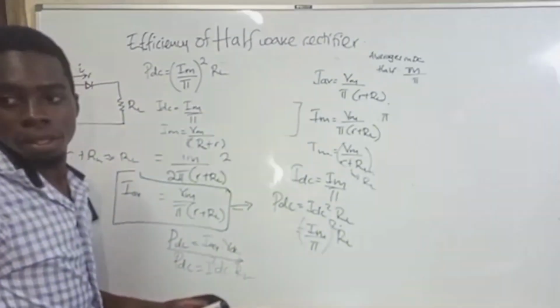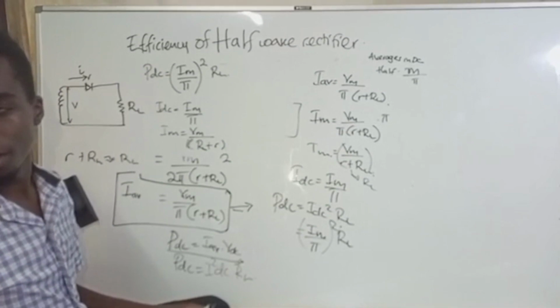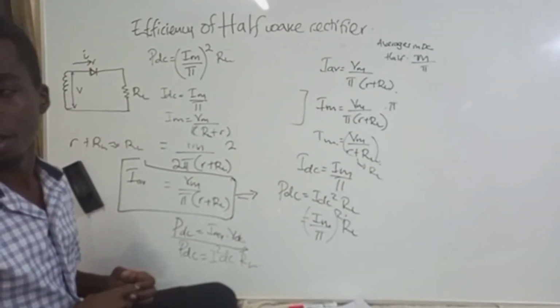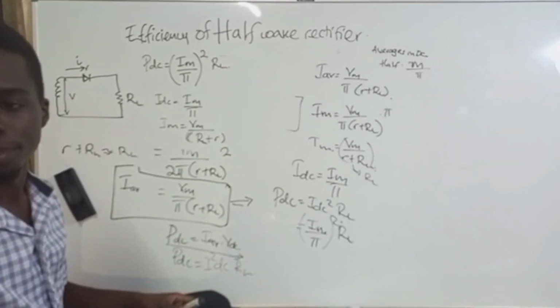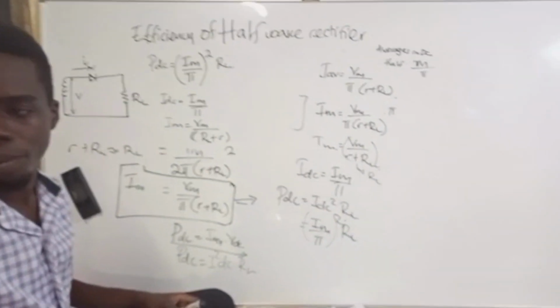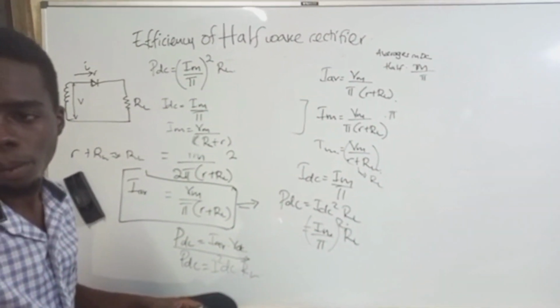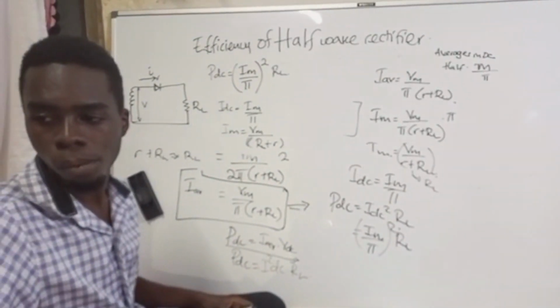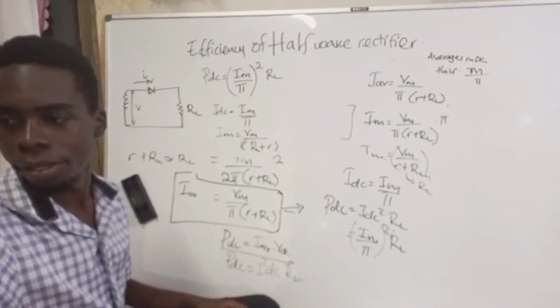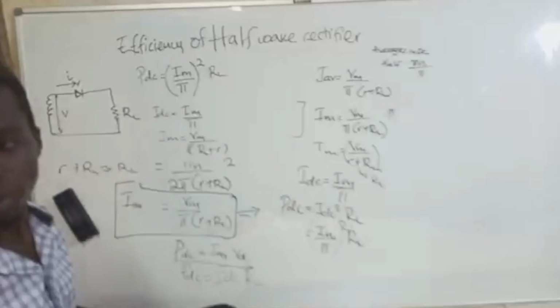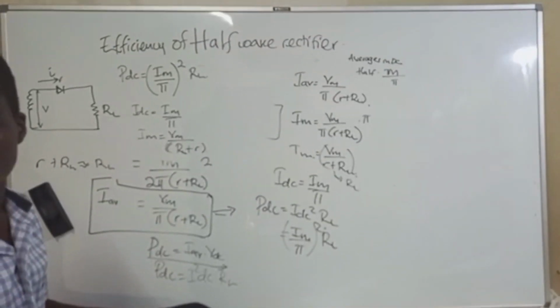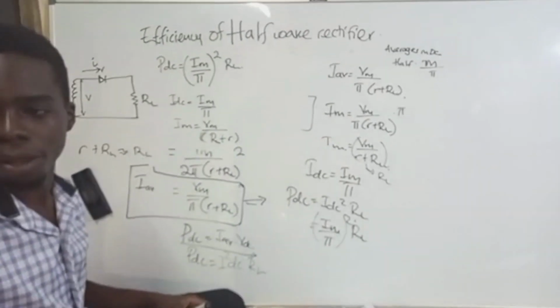The screen is not clear. Okay, let me try to work on that. How about now? Not yet. Could it be my network? No, put it back where it was. How about now? How are we doing?